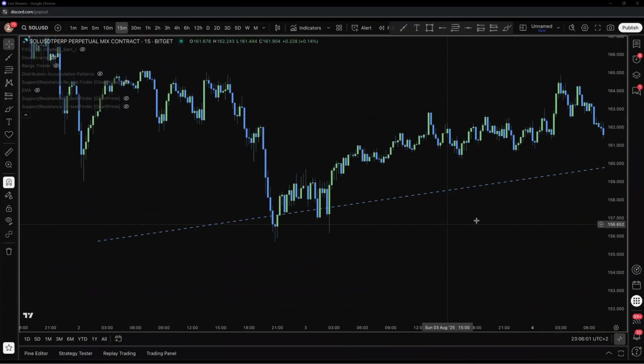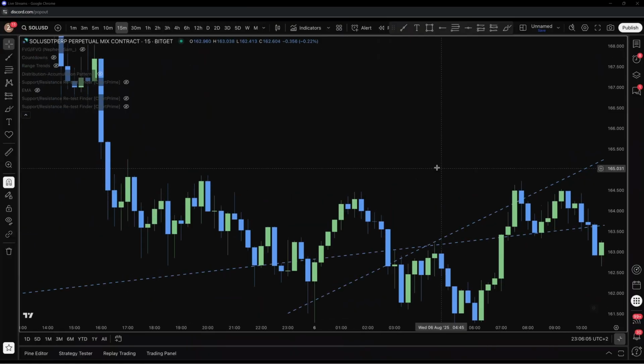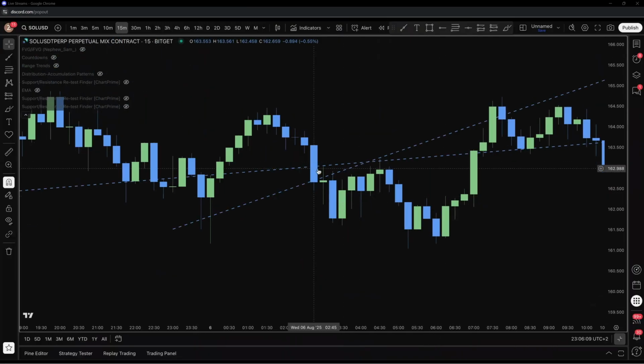We should draw a vertical on the candle after the trend is created, so we can start measuring from there. Sorry, what was that one? We should draw a vertical on the candle after the trend is created. Vertical. Oh, I see what he means.